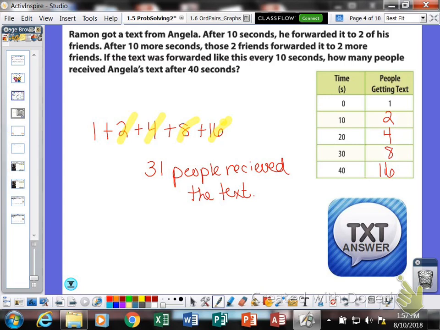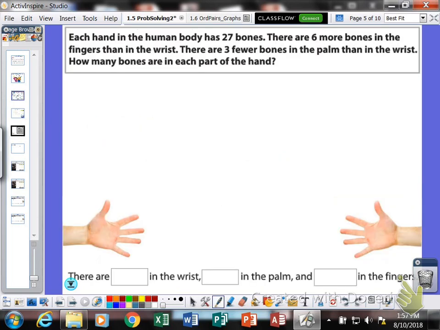That was pretty easy. In the next one, each hand in a human body has 27 bones. There are 6 more bones in the fingers than in the wrist. There are 3 fewer bones in the palm than in the wrist. How many bones are in each part of the hand? Well, what we can do is this.